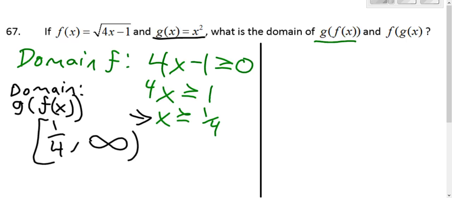So for the other question here, f of g is very similar. You start with g this time because you start with the inside function. So the domain of g, which we already said, was negative infinity to positive infinity.